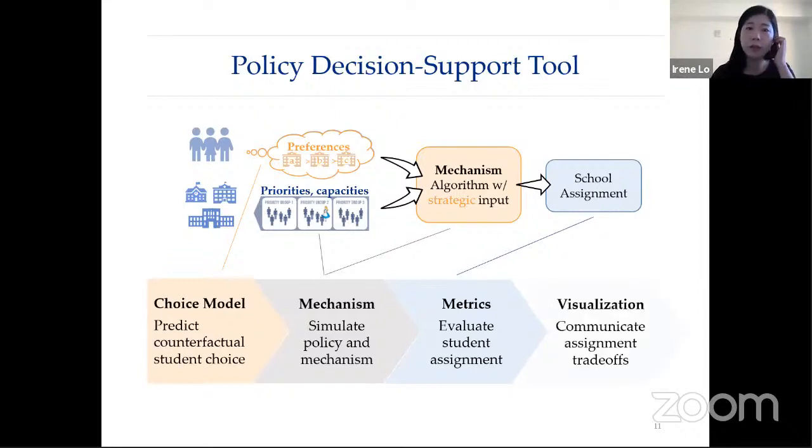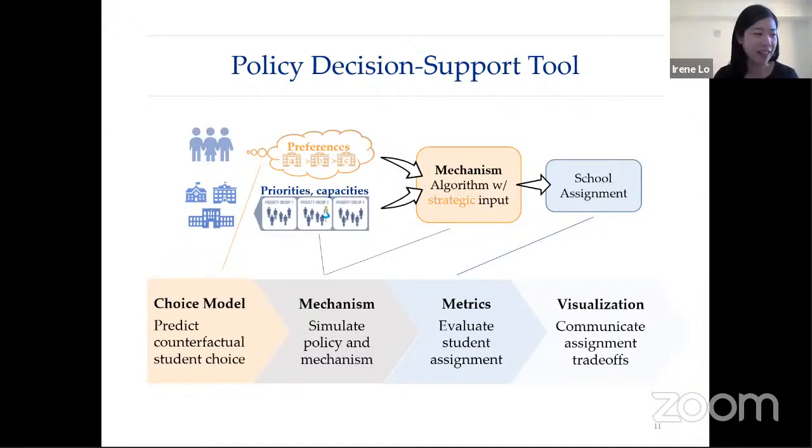And then finally, we are also in the process of building a visualization tool that will help us to communicate assignment trade-offs. We already have one that we use internally in the district to evaluate how these policies trade off between district goals. But what we're doing now is building an external community tool to illustrate all of these trade-offs for members of the community and to gather their input on how they think the district should make a decision.